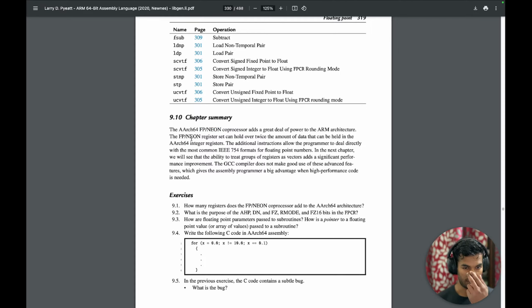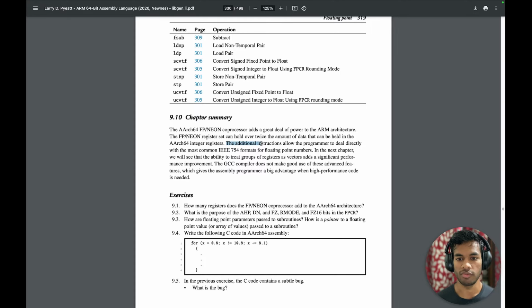And that is crazy. The FP Neon register set can hold over twice the amount of data that can be held in the AArch64 integer registers, because AArch64 integer registers are 64-bit registers and FP Neon registers are vector registers and are 128 bits long.